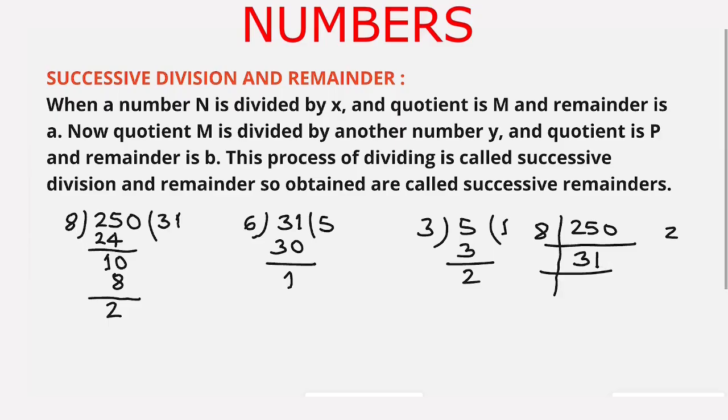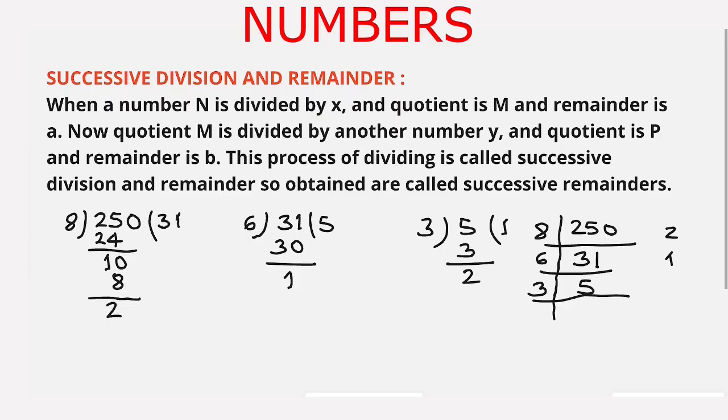Our second divisor is 6. 6 divides the quotient of first number, which is 31, and it divides it for 5 times and remainder is 1. Now this quotient 5 is divided by the third divisor 3.